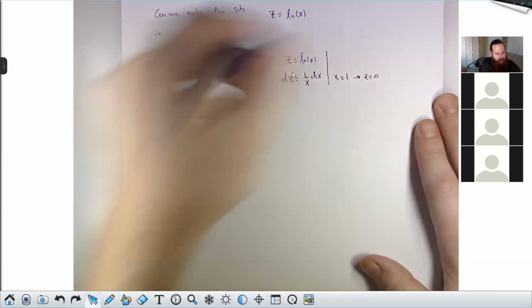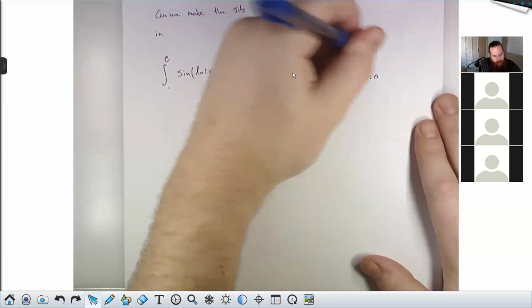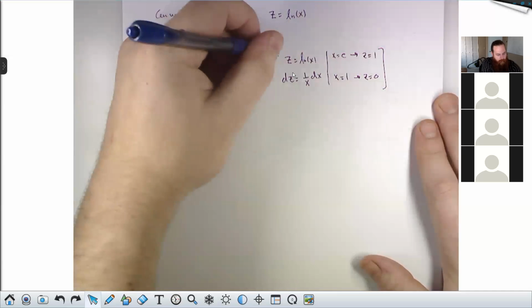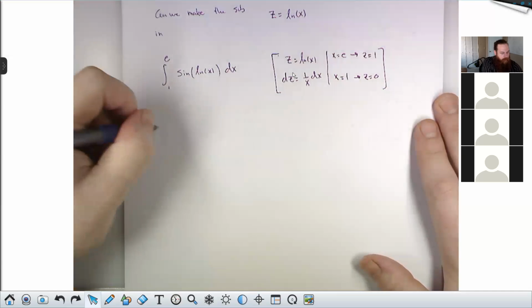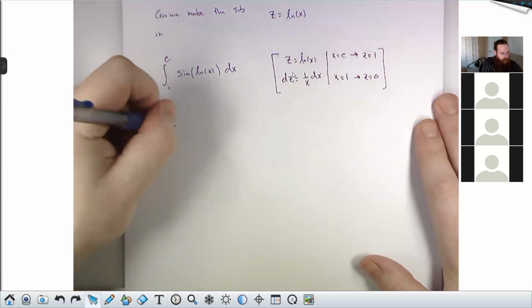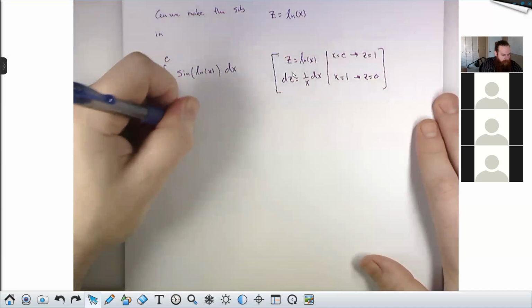The natural log of 1 is 0. When x is equal to e, z is equal to 1, because that's the natural log of e. And we can try to make this go. I'll have the integral from 0 to 1 of sine of ln x. ln x is z.